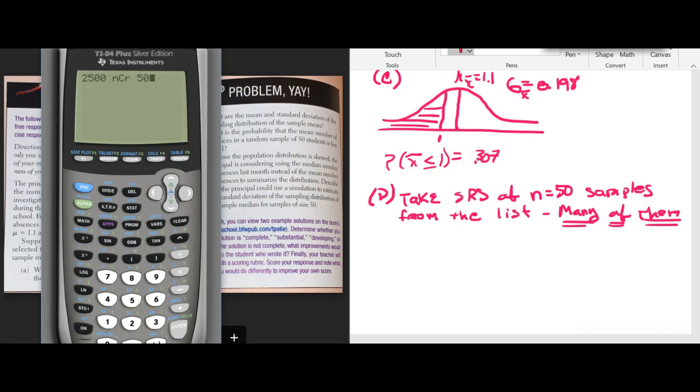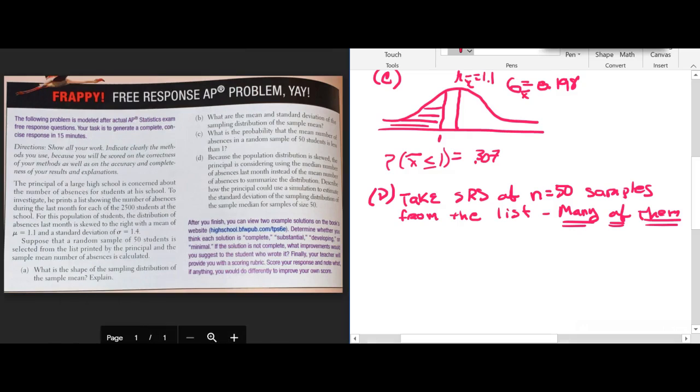So you're not going to do all the samples. That's why we're doing a simulation here, right? So what we're going to do is take many samples, enough that I can get a feel for things. And then we're going to find the median, and I'm going to call that x tilde of each sample.